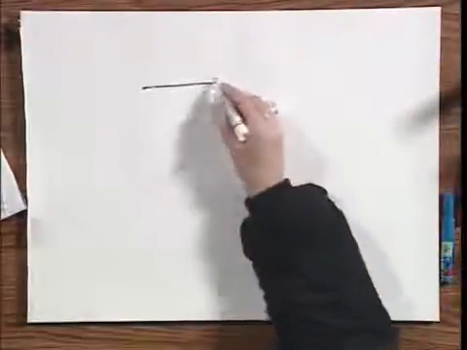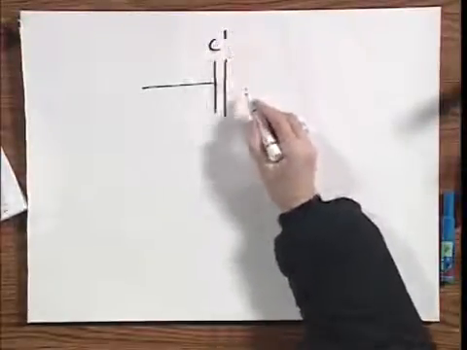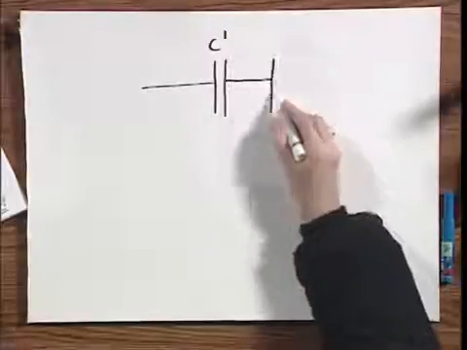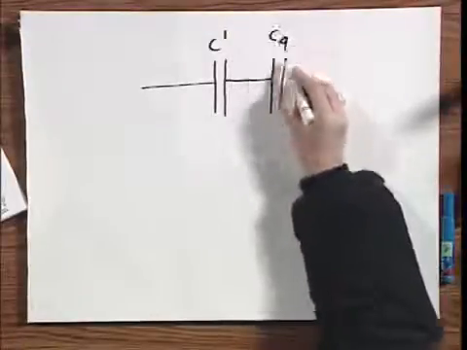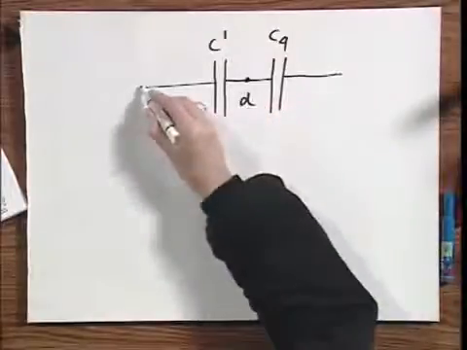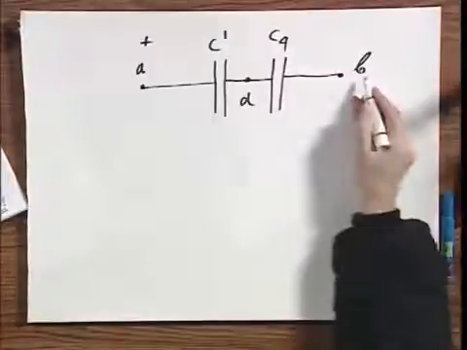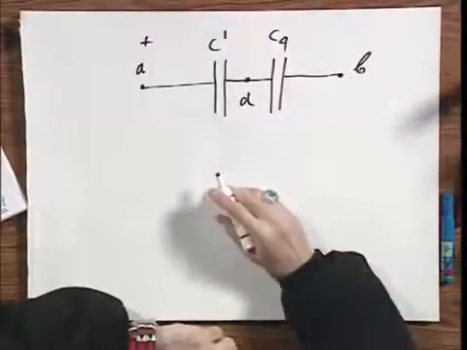I have now here C prime, and I know how large C prime is. Then I have C4. This point is D, this is A, and this is B. Check for yourself, this is exactly what the circuit is now.